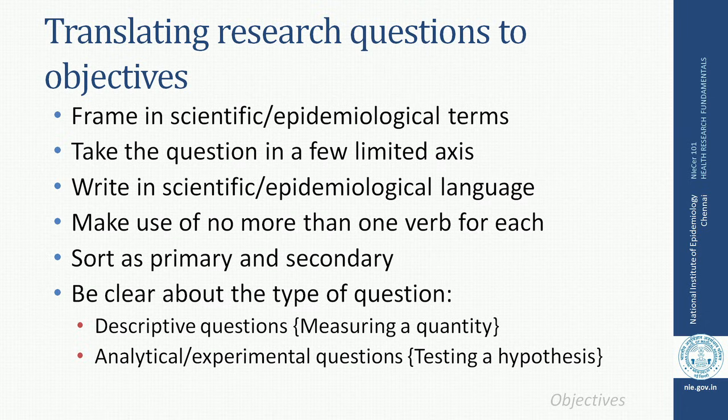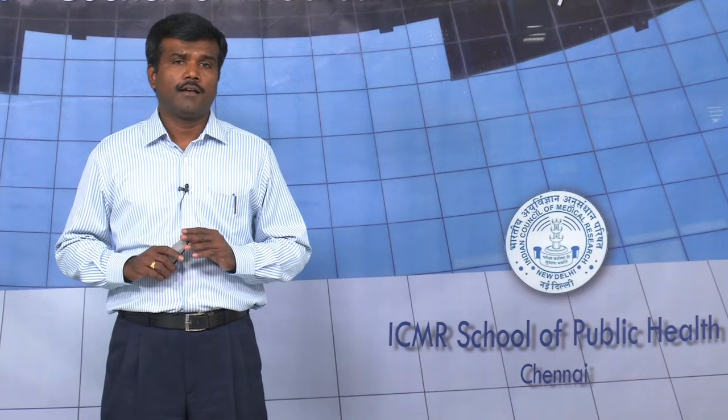When you translate a research question into objective, as compared to research question, a statement of objective is stated in scientific and epidemiological terms. It takes the research question in only a few limited axes. It is written in scientific and epidemiological language. It should ideally make use of no more than one operational verb for each of those questions.